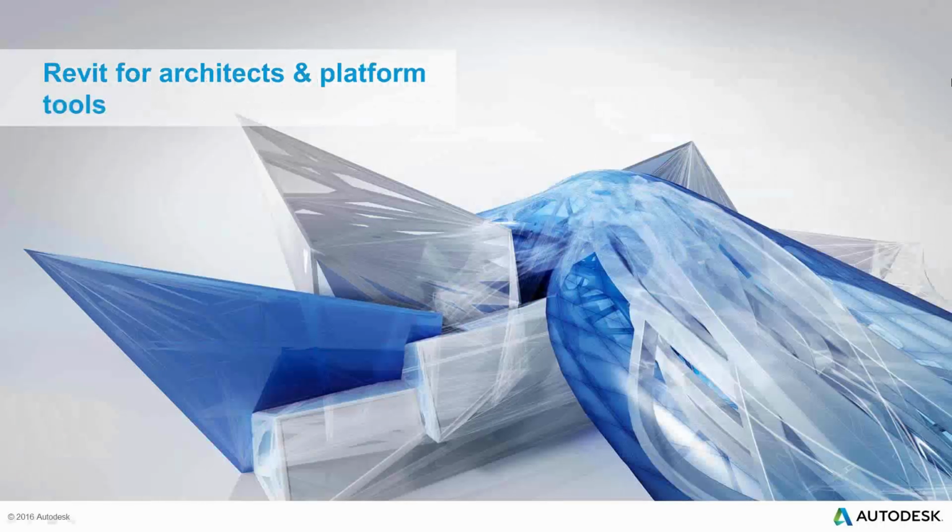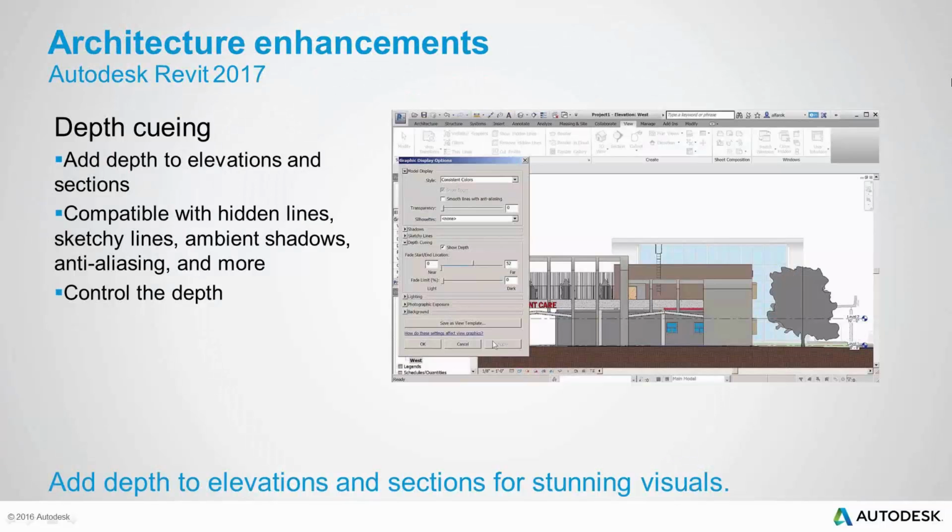First of all, I'm going to go through some of the features for architects and some of our platform tools. One significant enhancement that people have been asking for a really, really long time is depth queuing. This is really an architectural style that allows much more dynamic drawings and allows you to fade out things that are further in background. In this case, we've made this tool really easy to use.